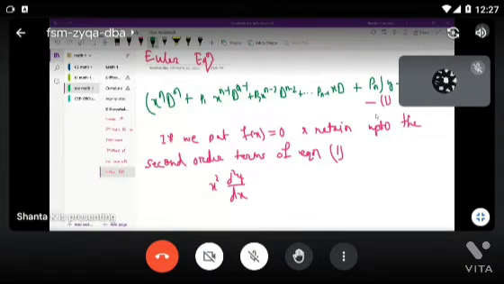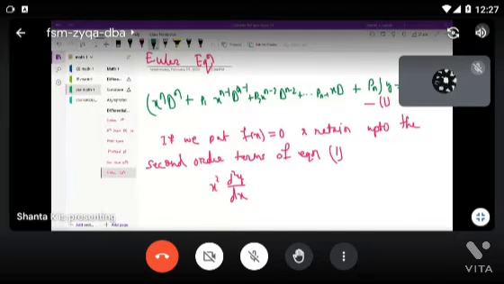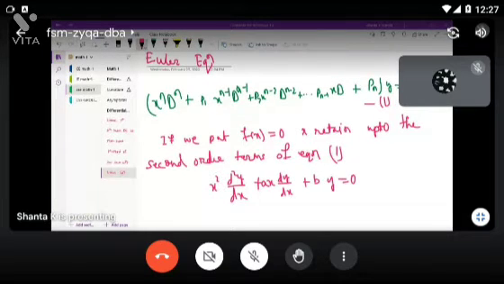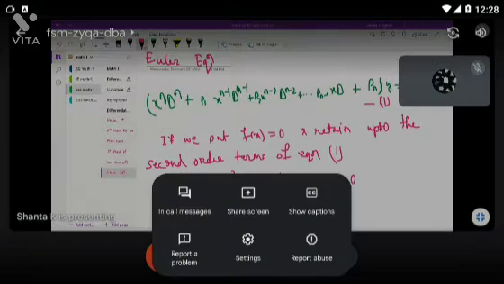So here if we put f(x) equals to 0 and retain up to second order terms of equation 1, then we will have this one: x square d square y by dx square plus a x dy by dx, here a constant a, plus b y equals to 0. I think this will be of this form. Okay, a and b are constants.